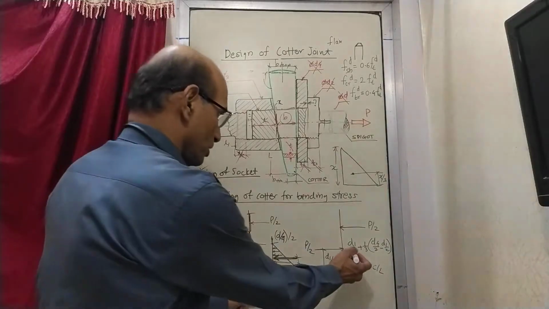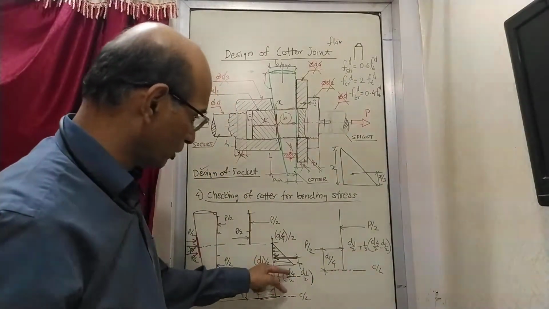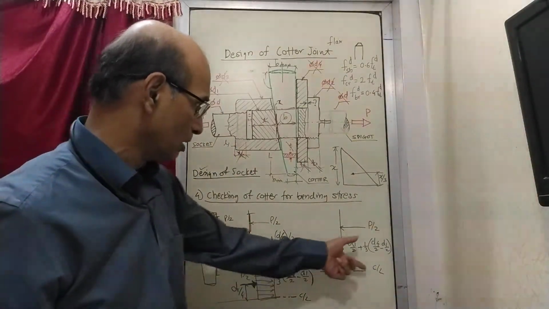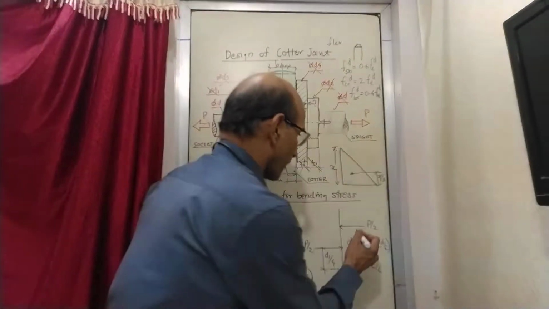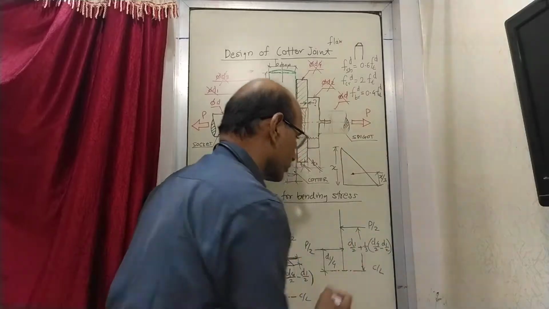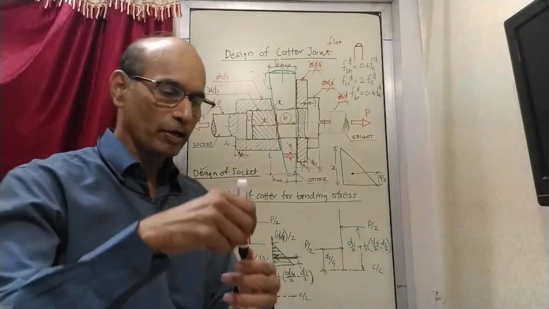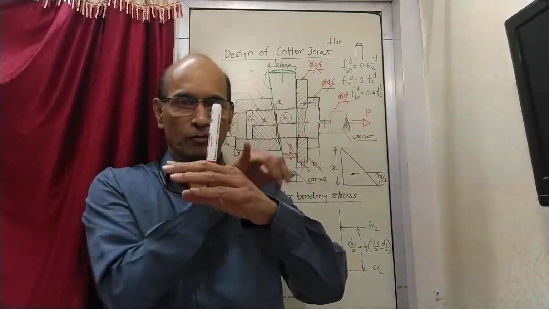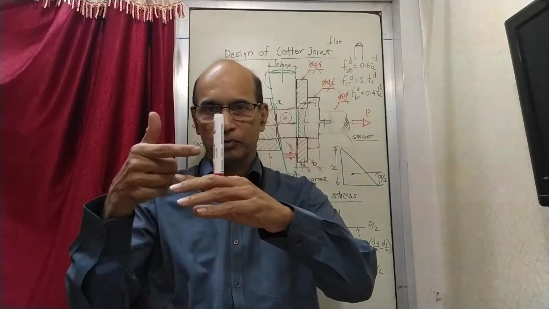This is d1 by 2, this is 1/3 of this, and this is the total. So on a part like this, one force is acting this way, other force is acting this way.